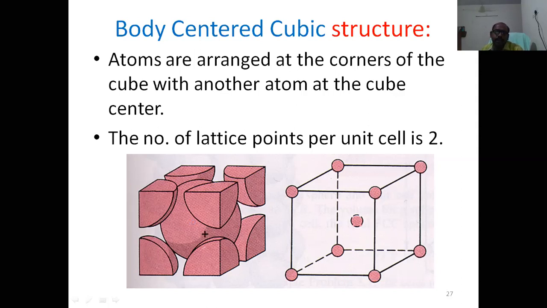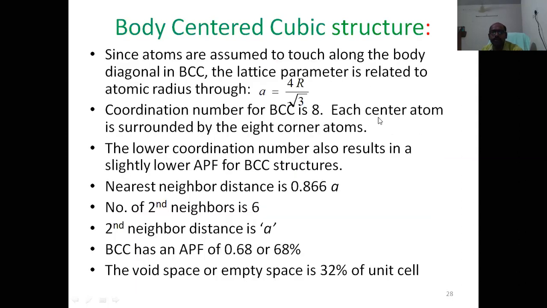And the nearest neighbor distance, as I said before, is 0.85 something times A. So 0.866 A. Strictly calculated, it is 1.732 by 2.